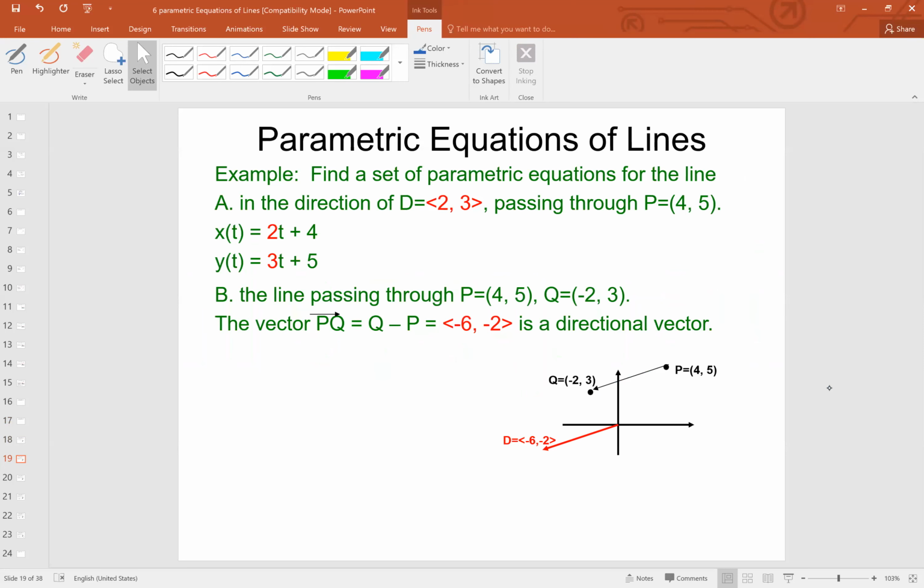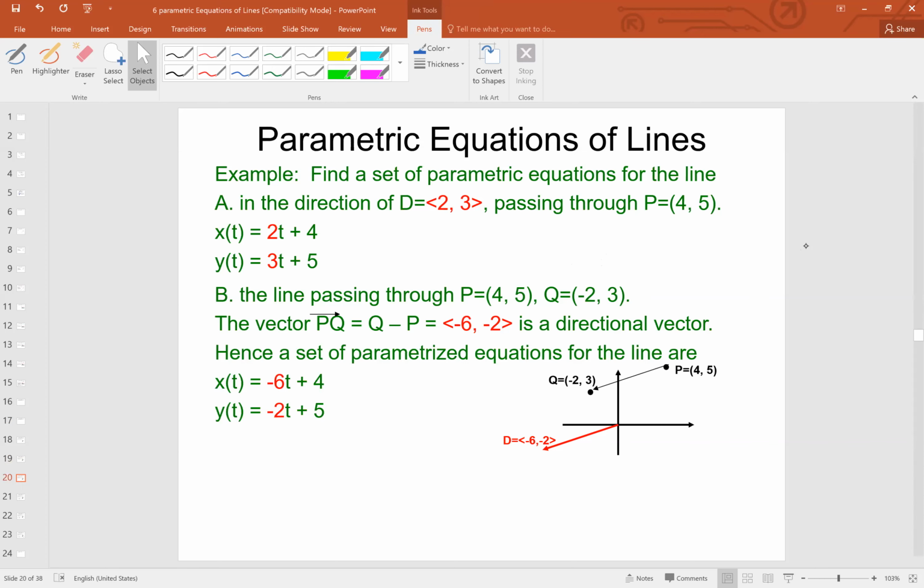It doesn't matter which way you subtract, and I have the direction vector. Once I have a direction vector, it's kind of like the slope, and I have a point. It doesn't matter which point you use. I can write down a set of parametric equations. I'm using (4, 5) here.